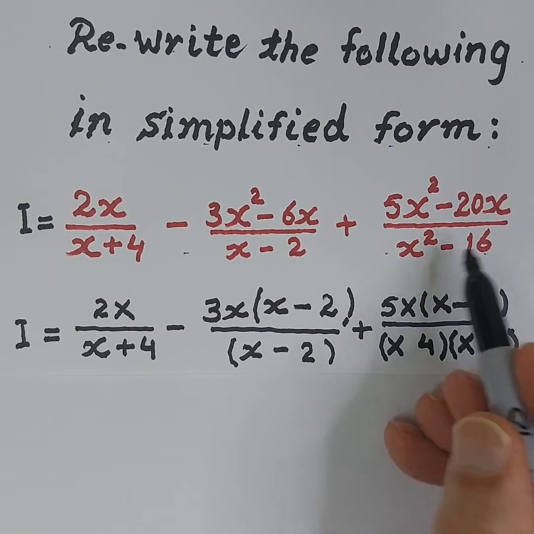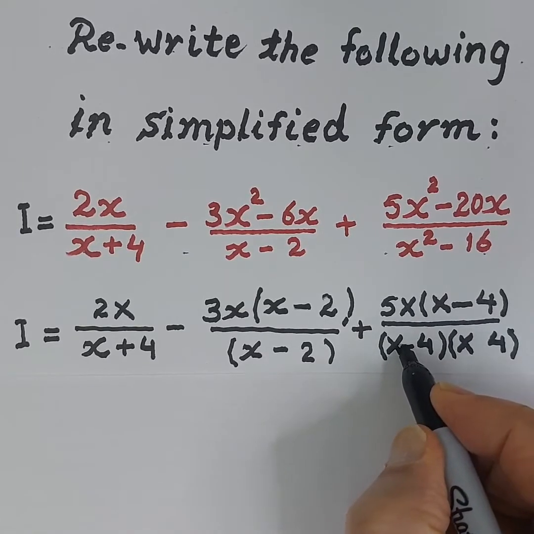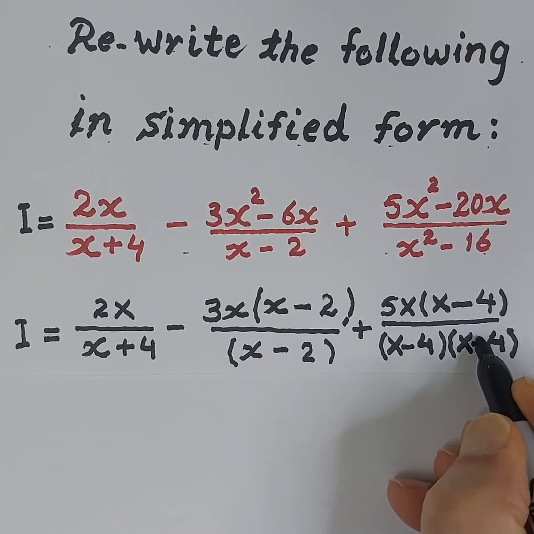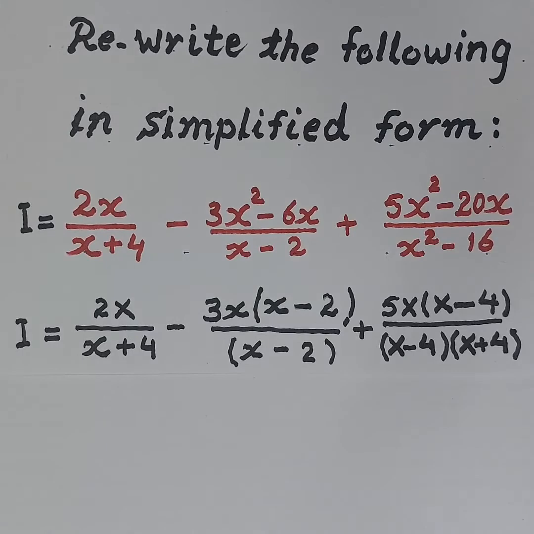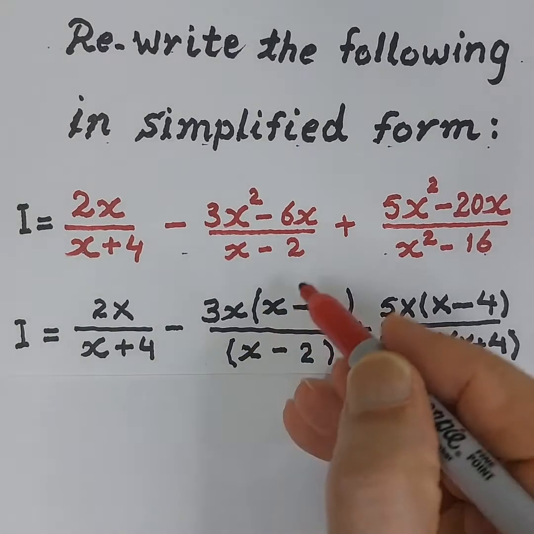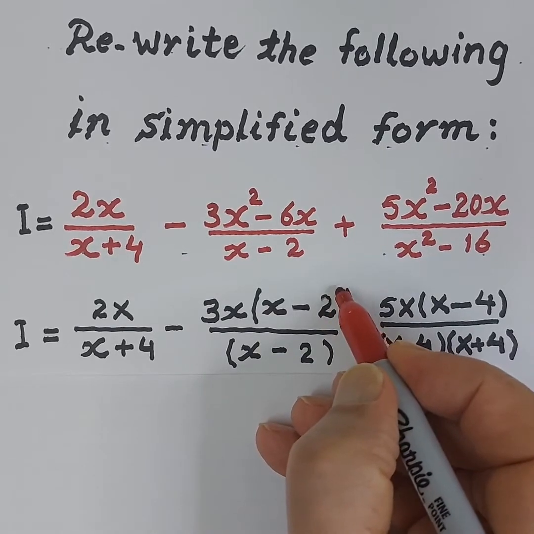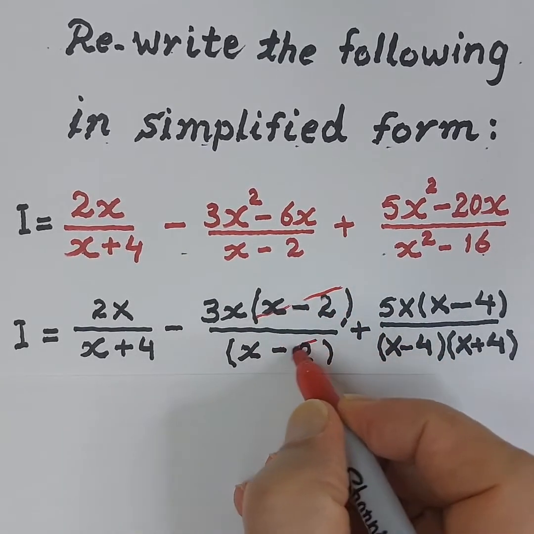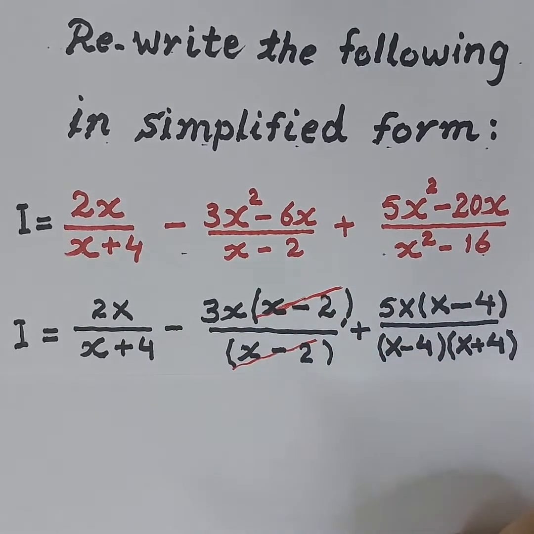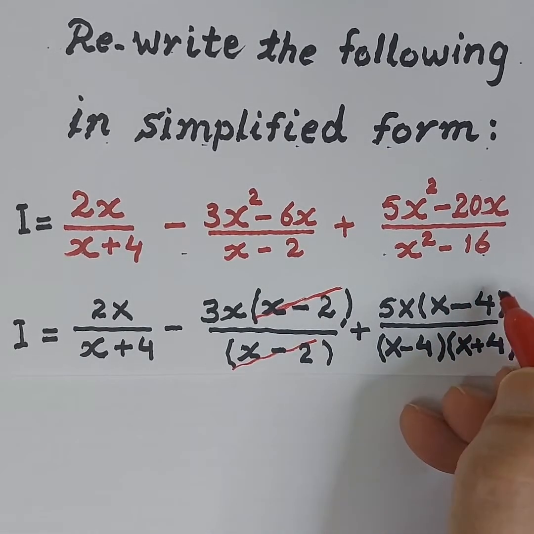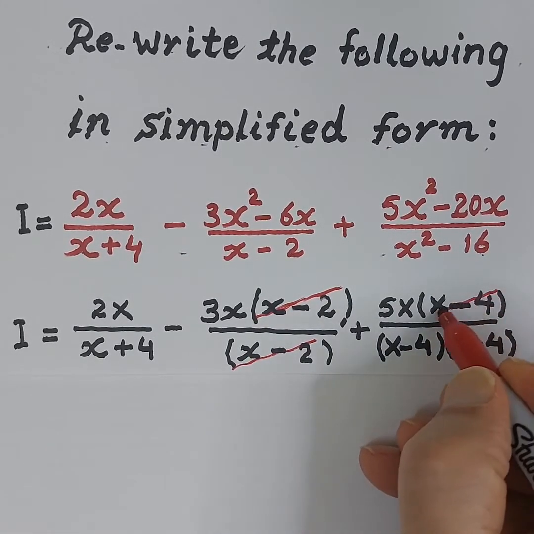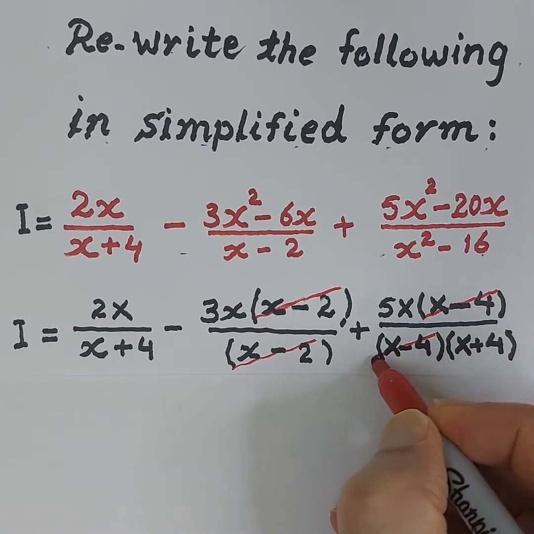And the signs negative and positive, or minus and plus. So this is the first step. A cancellation between x minus 2 with x minus 2. And here we can make cancellation x minus 4 with x minus 4.